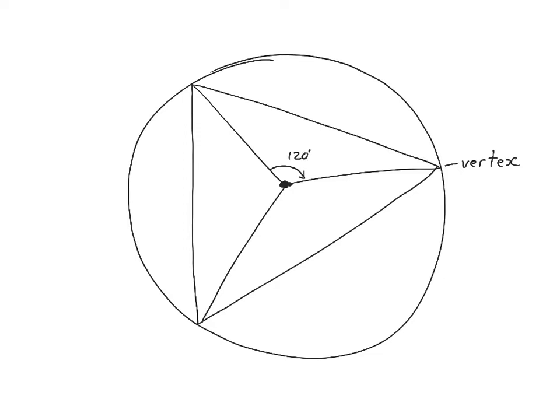And because it's 360 degrees, they're all 120. 360 divided by 3 is 120. So you can see that 360 can be divided by 3.